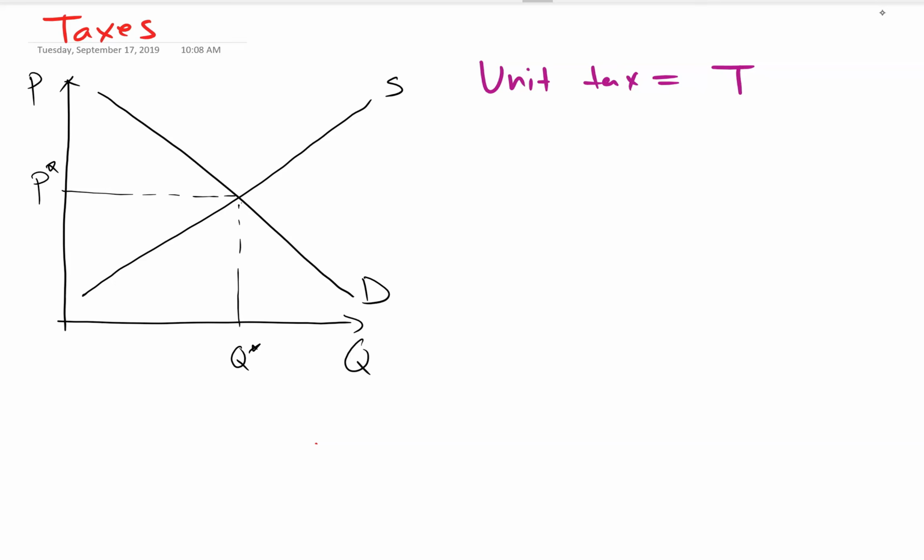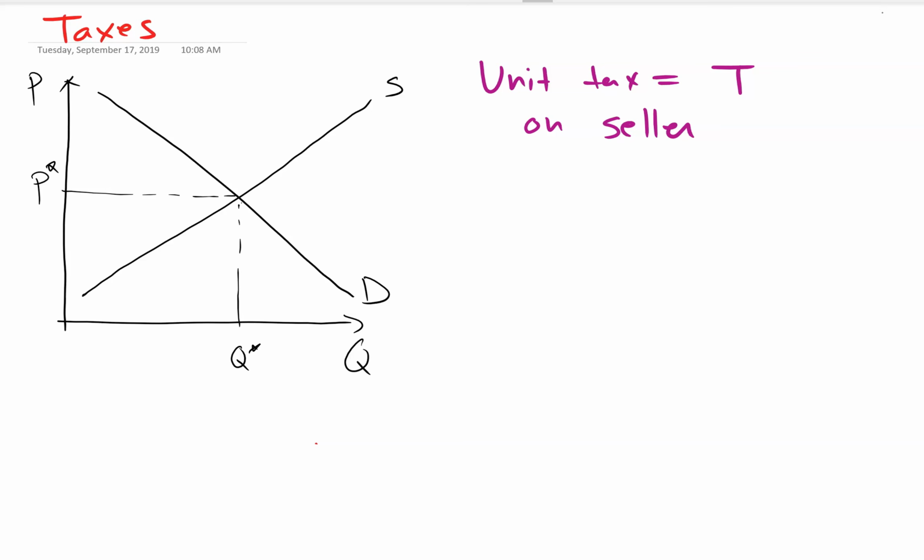It doesn't really matter for our purposes because we're just trying to show how this works. Let's suppose the tax is on the seller, which means the seller has to pay it. Every time they sell a unit, they have to give some money to the government. For simplicity, think of it as $1, although it could be any amount.